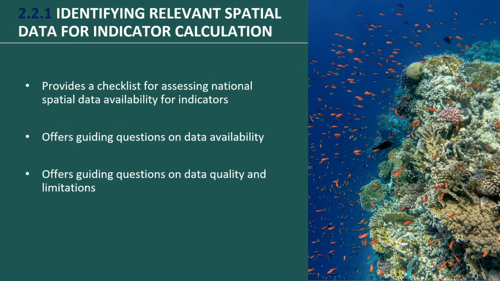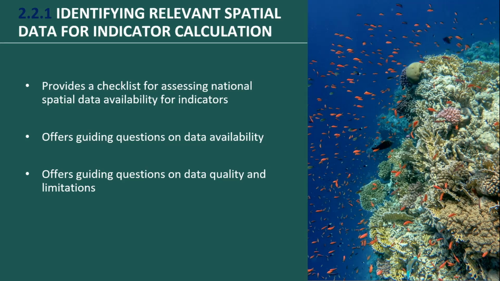All right, so we know from that analysis that spatial data will be an essential part of a national monitoring system for the GBF. In section 2.2 of the guidance, we provide a series of resources designed to support parties to identify spatial data for the calculation of indicators at the national level.